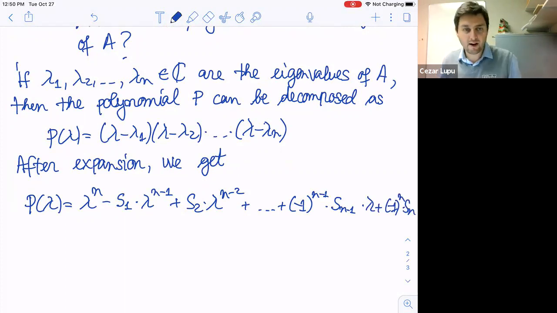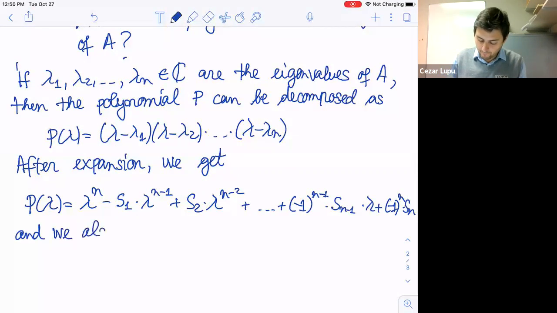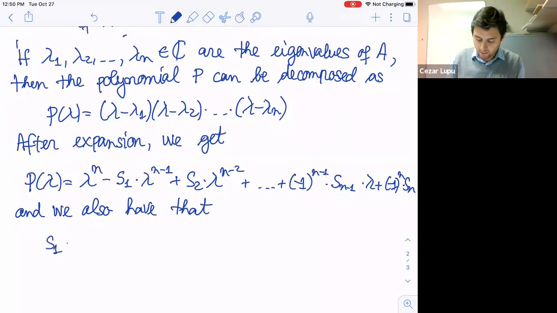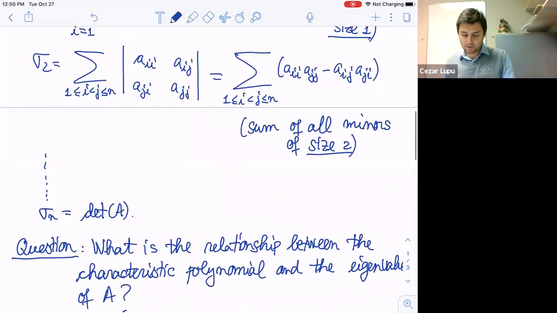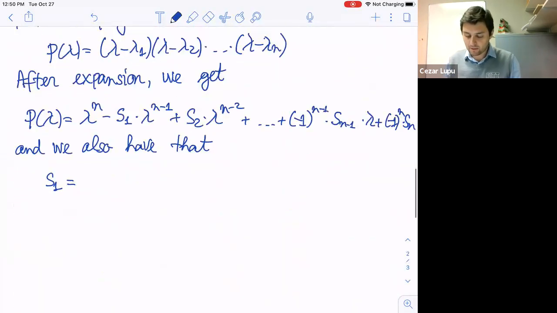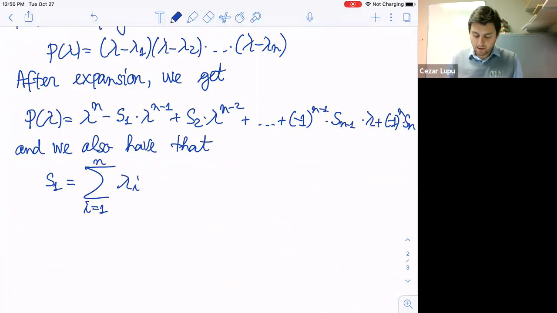And now we can identify the coefficients. By Viète relations, S1 will be the sum of the eigenvalues, S2 will be the sum of lambda_i lambda_j, and we keep going.